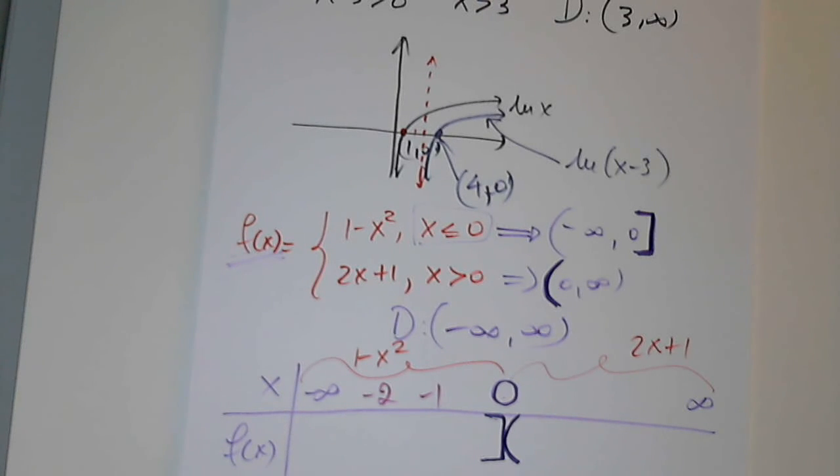Okay, so let's plug in -2 and give me the y value. Let's plug in -1 and give me the y value. Let's plug in 0 and give me the y value. So when we plug in -2, we get, excellent. When we plug in -1, we get, as we should, 0.